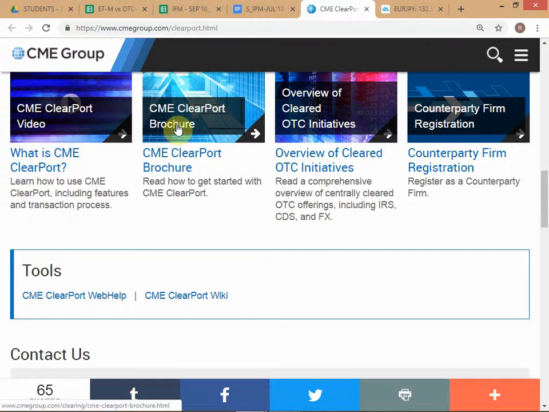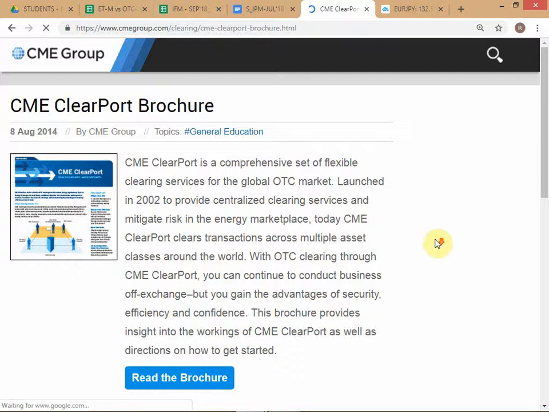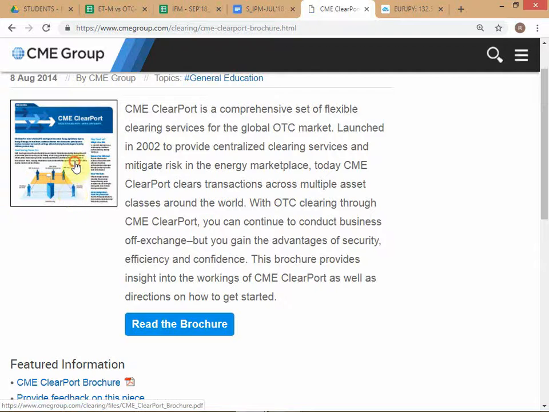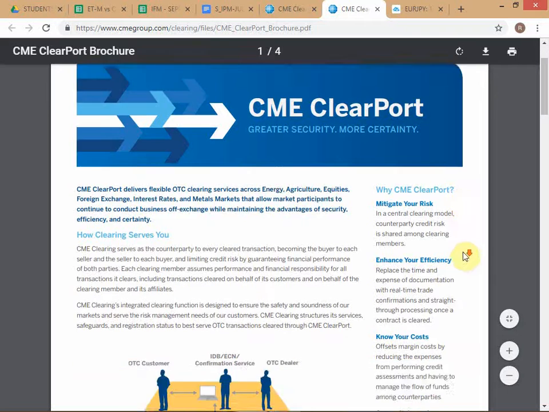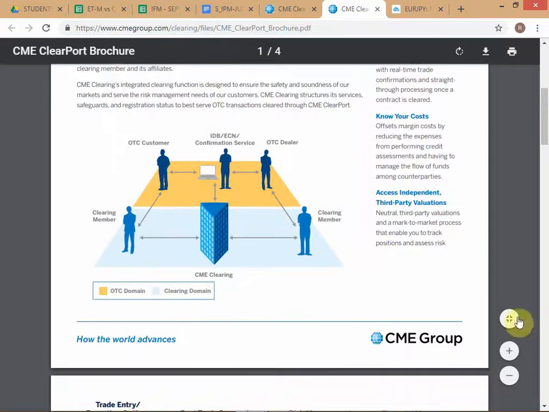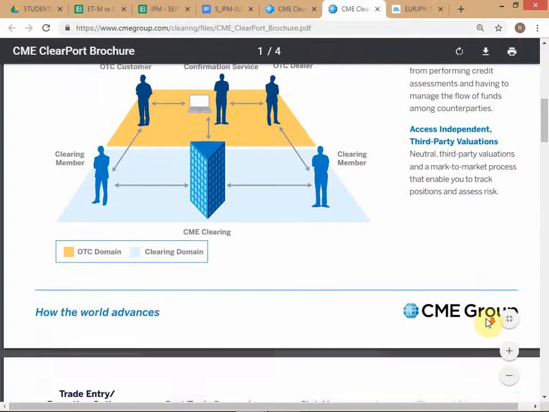So the idea in Clearport is what I just explained. The genesis of the idea is that OTC market players are a little bit scared about the credit risk on their transaction.